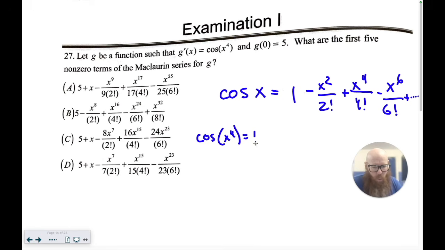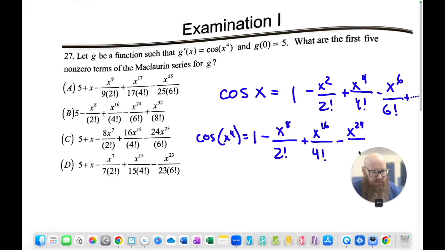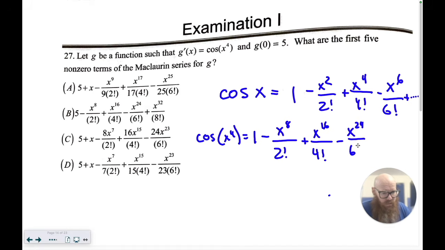So that means I get 1 minus, this becomes x to the 8th over 2 factorial. Then this becomes x to the 16th over 4 factorial. And then this becomes x to the 24th over 6 factorial, and then on and on and on.